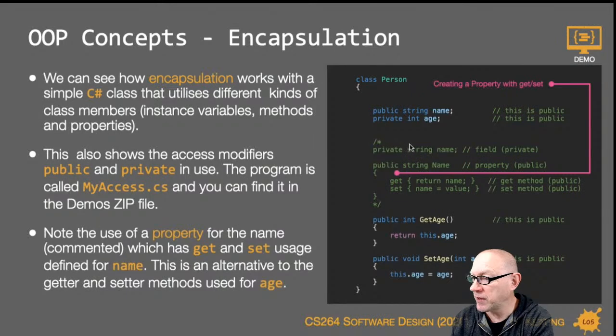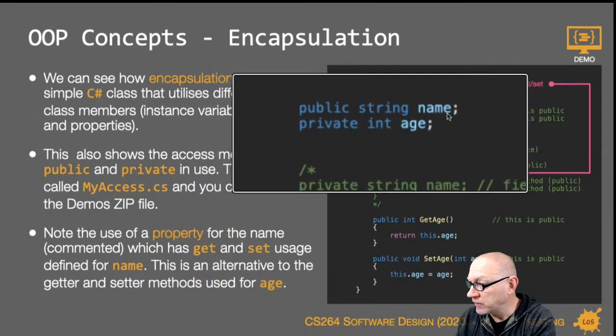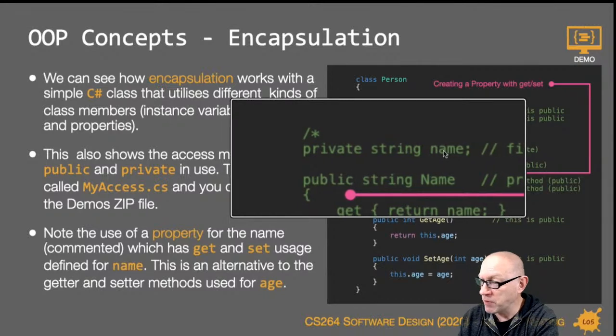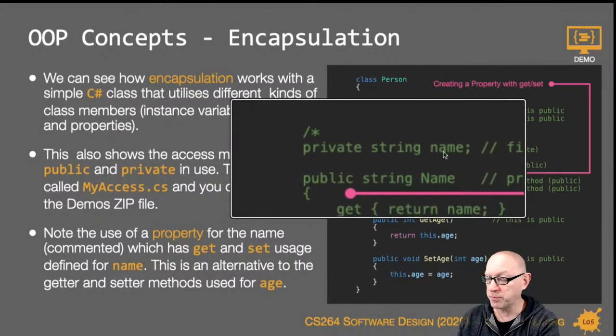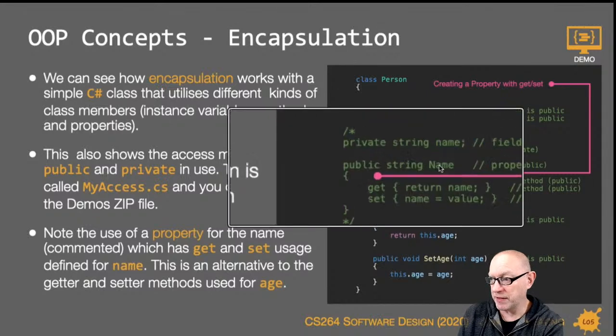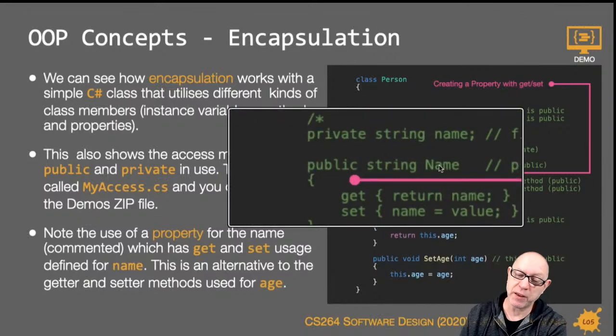An alternative approach to this public string name would be to set up a Name property. So we create a private string name, and we didn't have to call it name, we could call it anything, but it's good practice to use a lowercase letter for the private instance variable, and then the property will have an uppercase letter.